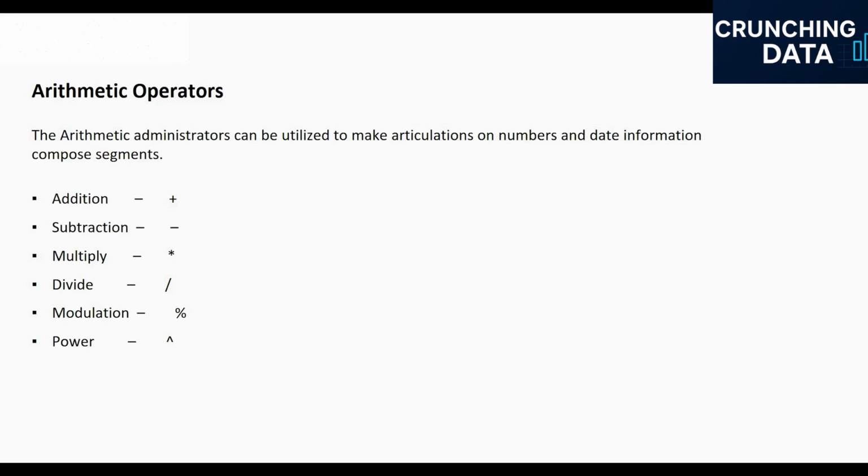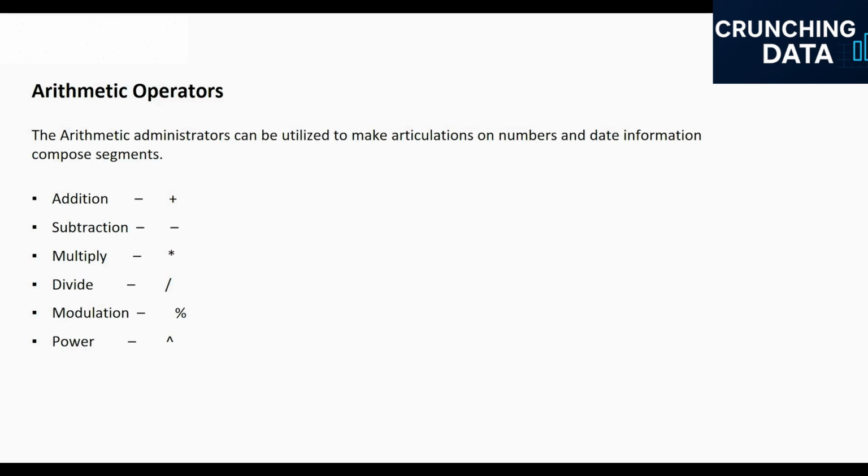Now, whenever we are working with these arithmetic operators, there are multiple things that we can do. The first one is creating calculated fields, which usually combines the arithmetic operators with functions, fields, and constants to create calculated fields for customized calculations. The next one is aggregating data, in which we use different operators in aggregation functions to summarize the data, such as finding the average or a sum of a set of values.